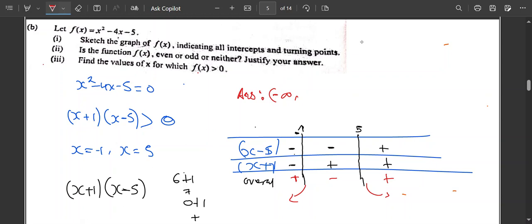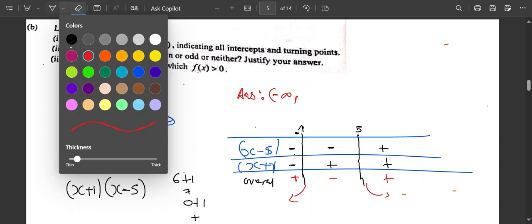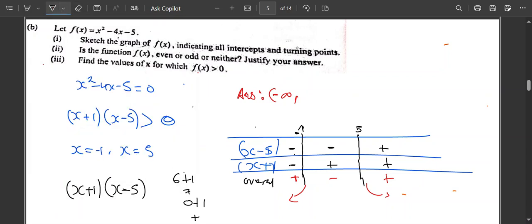I want to see if I will include this one as well. If I'm including this one, we'll see if the function will still give us greater than 0. So I'll say x squared minus 4x minus 5, will it give us greater than 0? Here I'll test the same, negative 1.